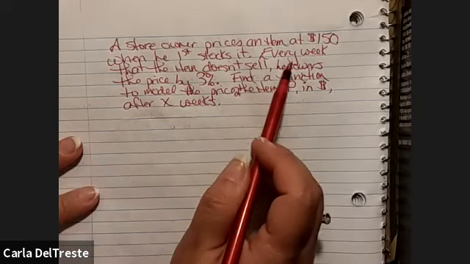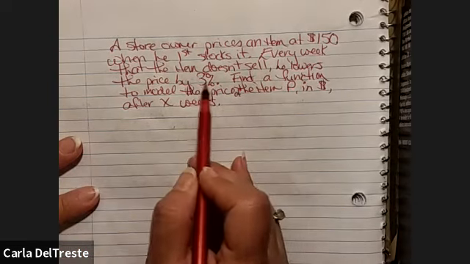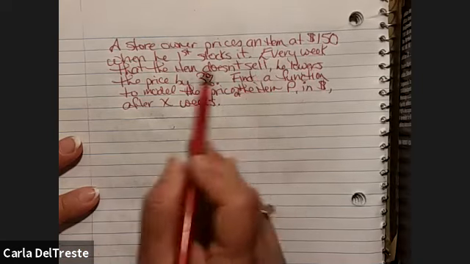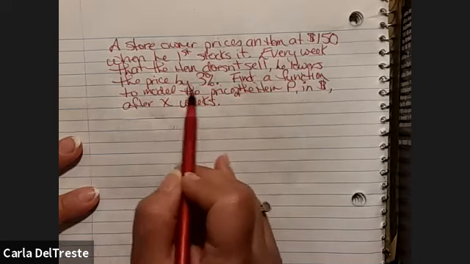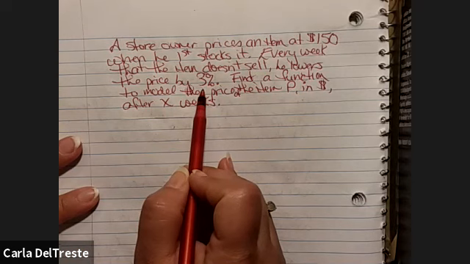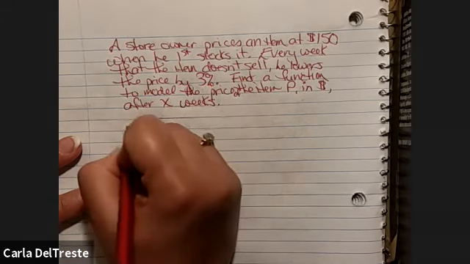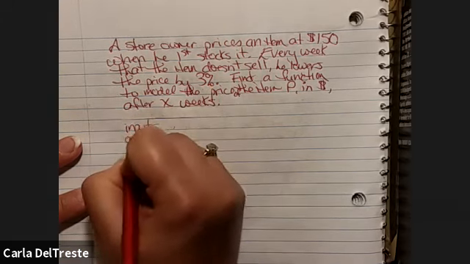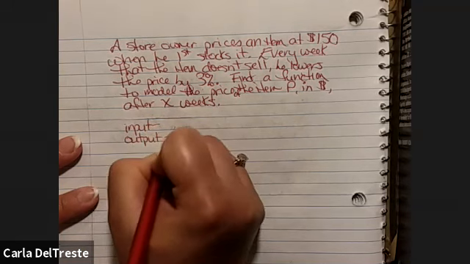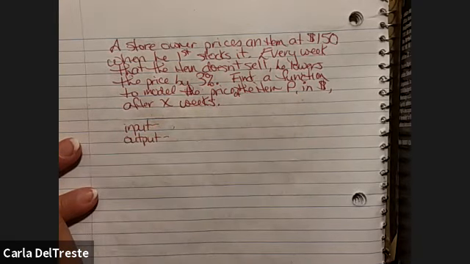This sounds like a constant percentage. Every week the item doesn't sell, he lowers the price by 3%. All right. That sounds like it's going to be an exponential, right? But before I jump into all that, I'm going to decide what makes sense for my input and output in this situation.